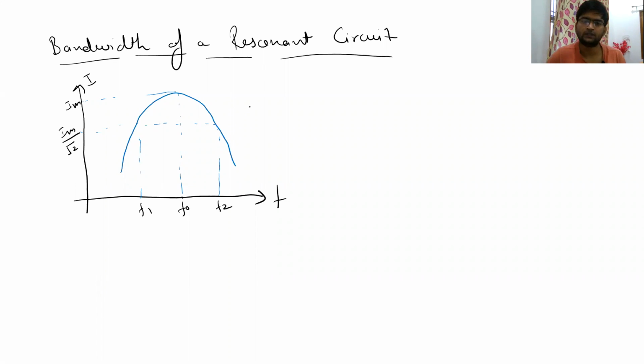So the curve of current drawn with respect to frequency can be used to represent the bandwidth of the particular circuit.